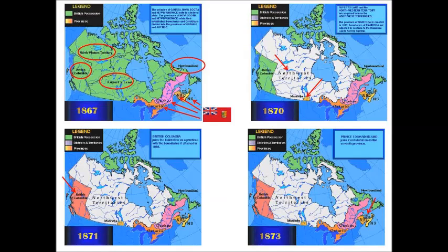And then in 1870, you can see things starting to change, right? Number one, what happens is Rupert's Land is given over by the Hudson's Bay Company, right? They give it over, and it becomes part of the Northwest Territories, as does the Northwestern Territory.